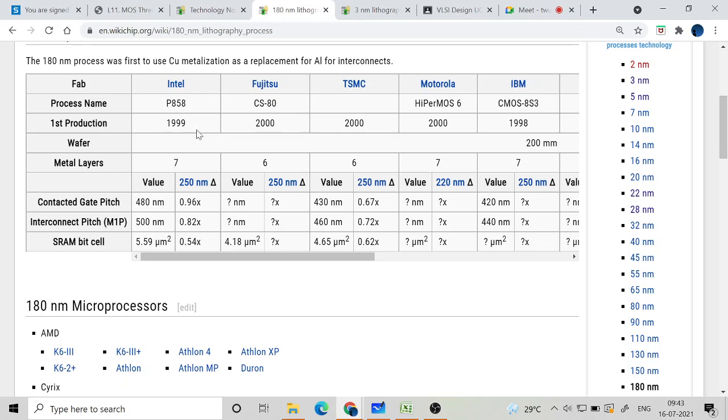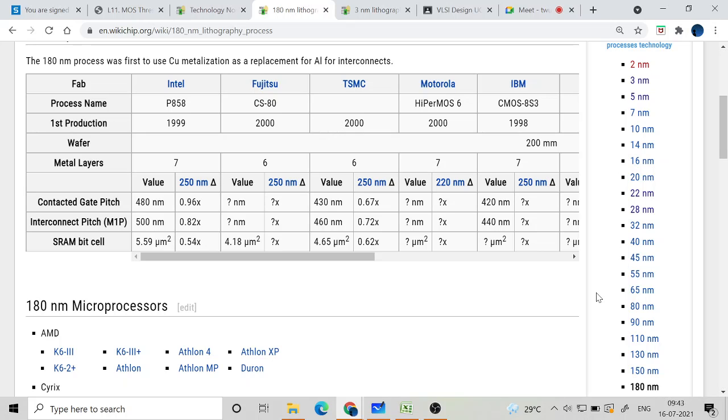Intel is the one who started with IC manufacturing, and the CEO of Intel, Gordon Moore, also had a law called Moore's law credited to him, which basically talks about the way in which the technology is going to be driven with respect to the timeline.